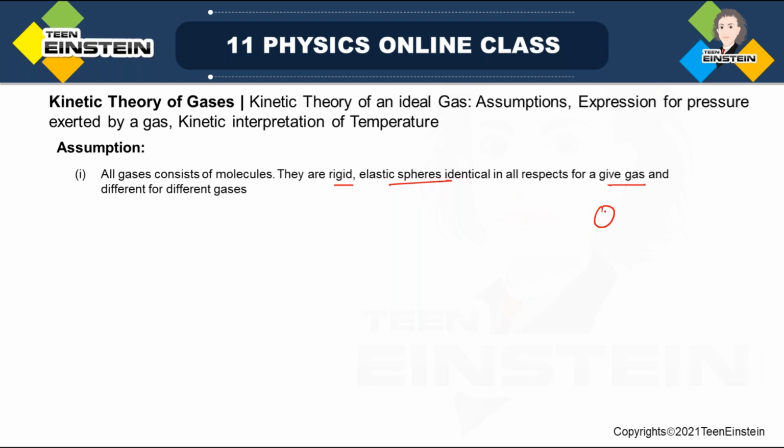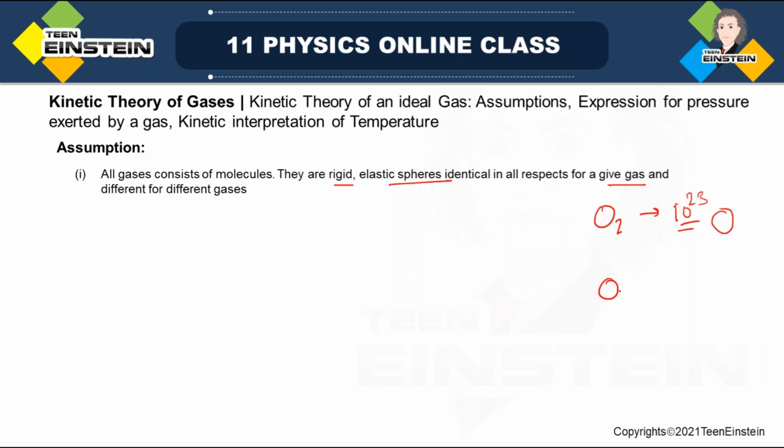Like suppose I say oxygen. So oxygen has, suppose, some Avogadro number of molecules. All the molecules are identical spheres, perfectly elastic, rigid, and all the molecules are identical for a given gas.